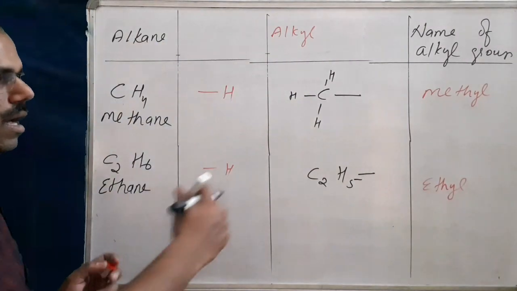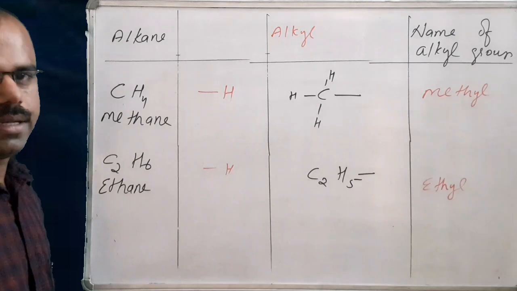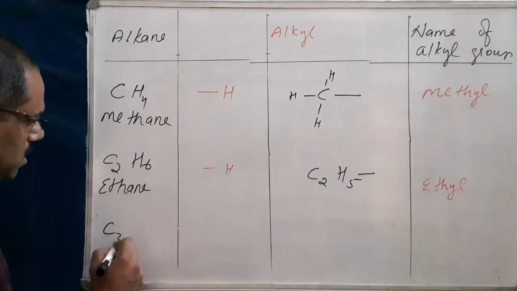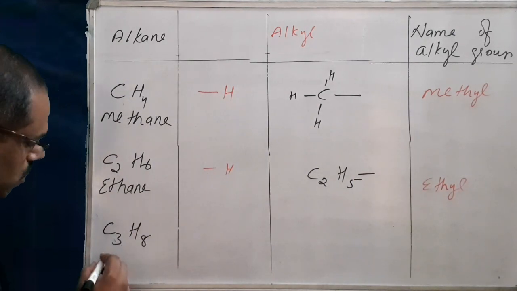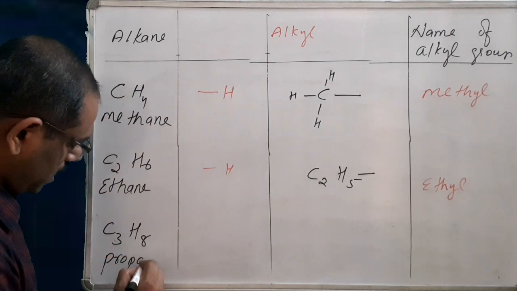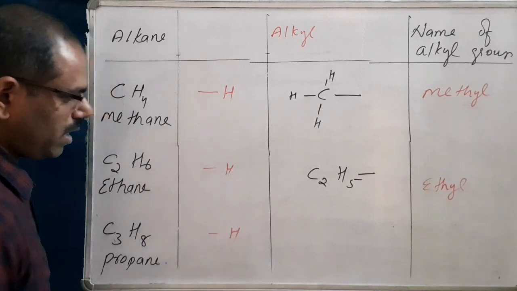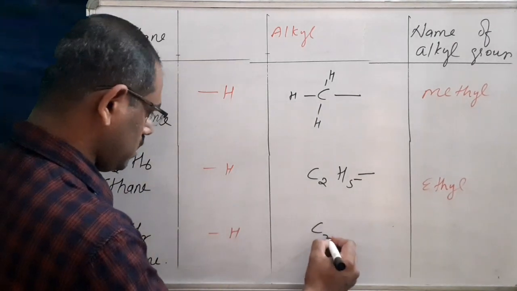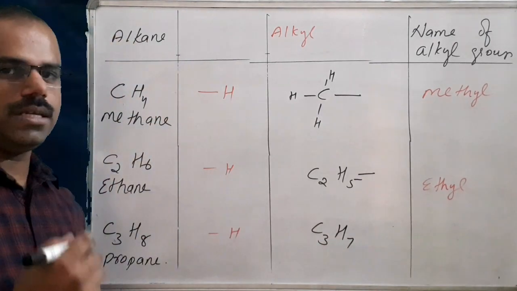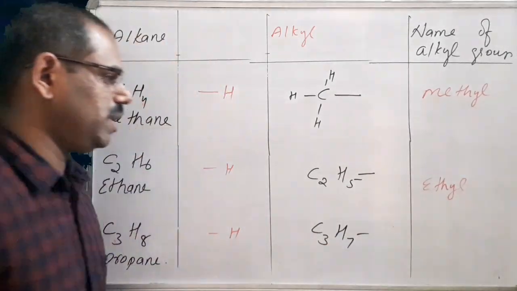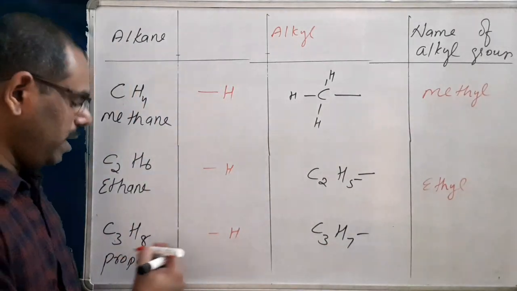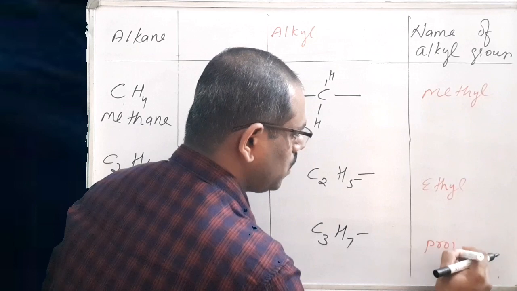It is ethane and the alkyl is ethyl. So third one, C3H8, that is called a propane. Okay. So here also you remove one H. One H is removed. So we get C3H7 and one bond is free. So it is propane and it is called a propyl.